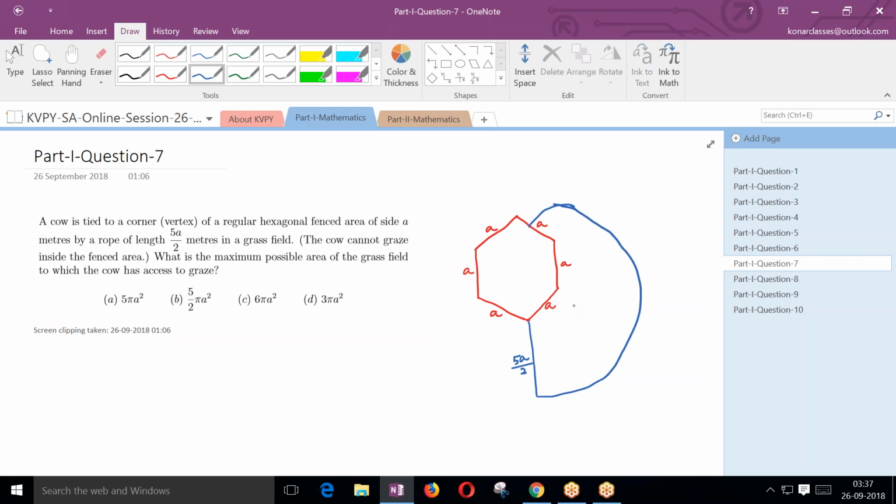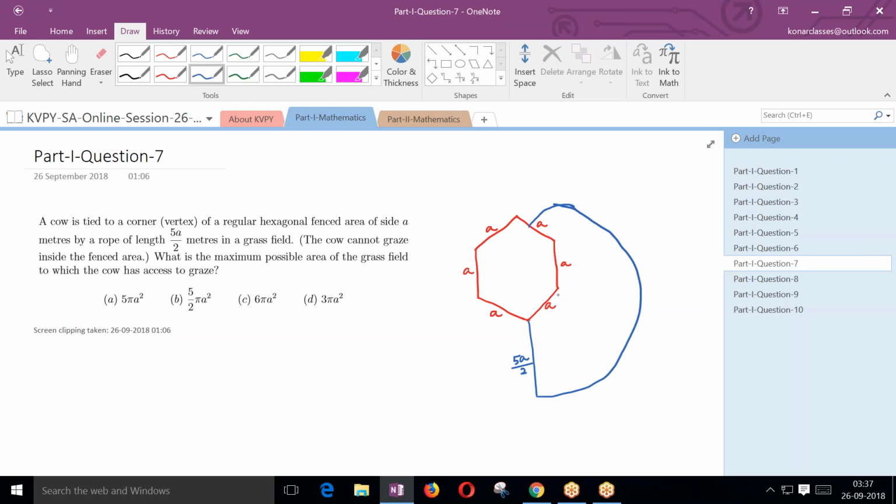So let me not consider this part. If we find the area of this part, and then multiply it by 2, then we can find the area of the grass field to which the cow has access to graze.